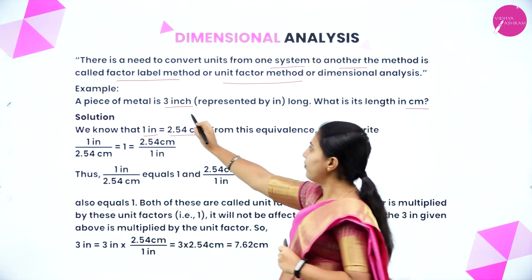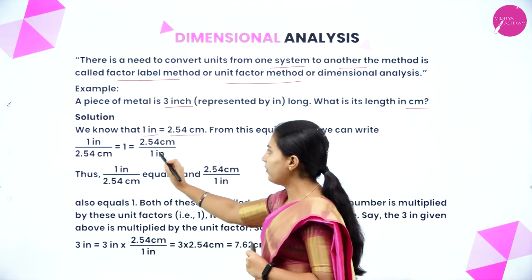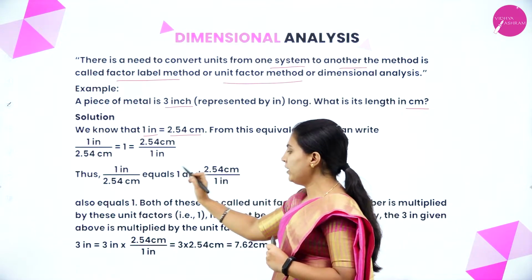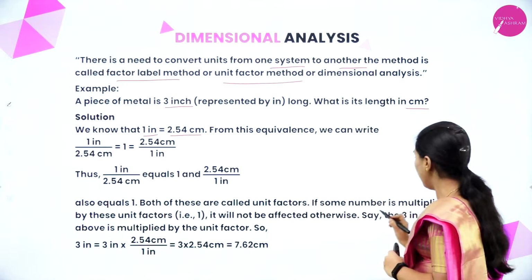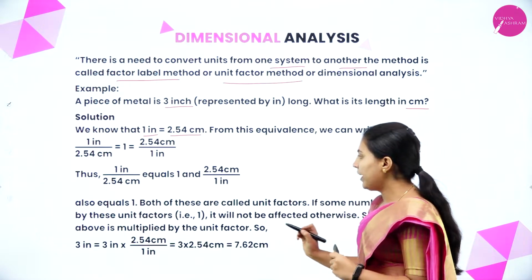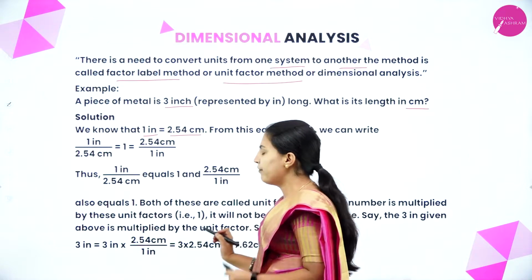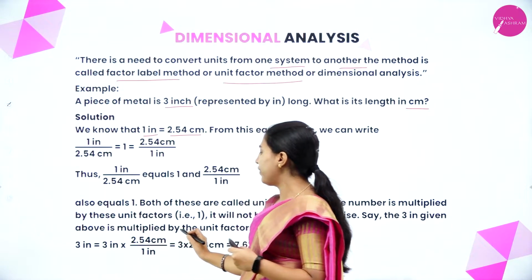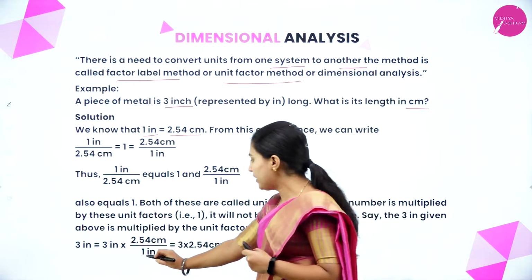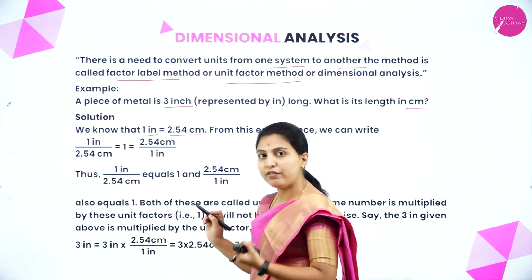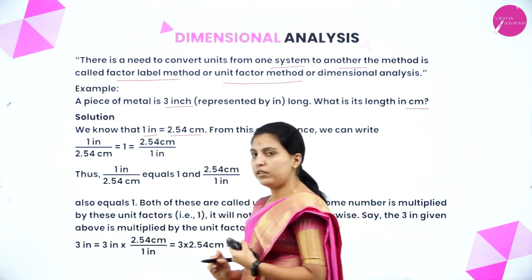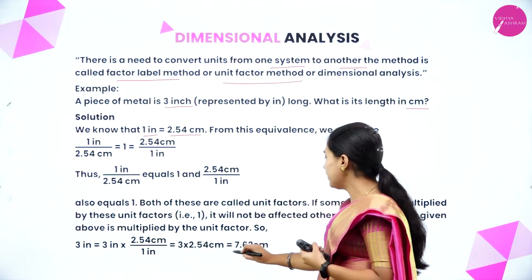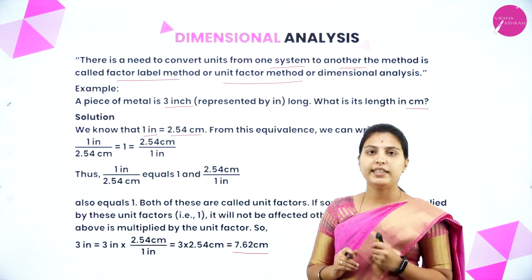They have asked for 3 inches, so 3 inch equals 3 inch into 2.54 centimeters by 1 inch. Multiplying, 3 into 2.54 equals 7.62 centimeters.